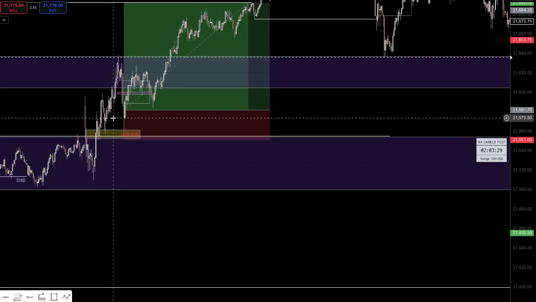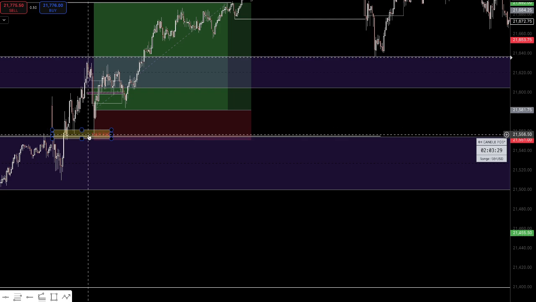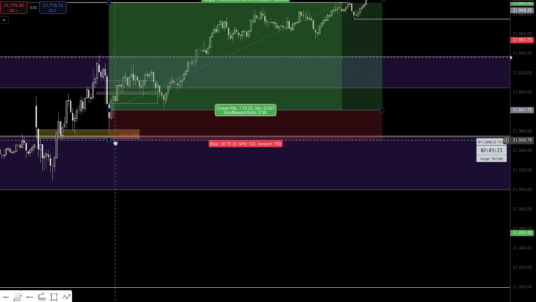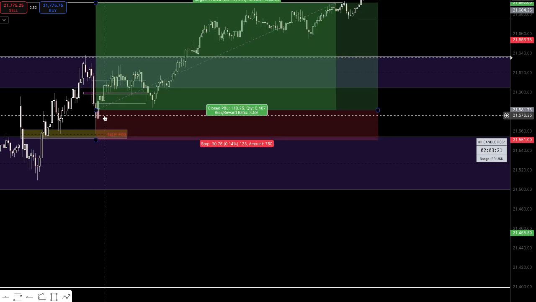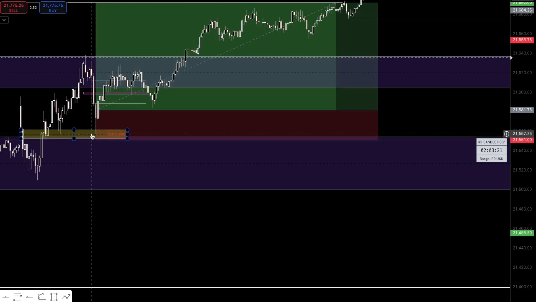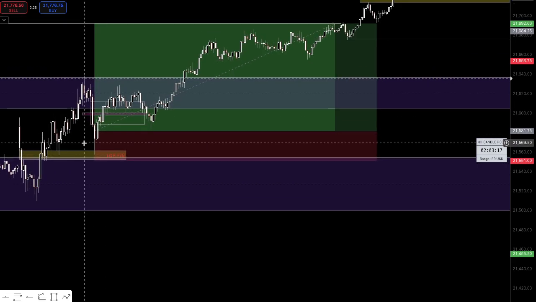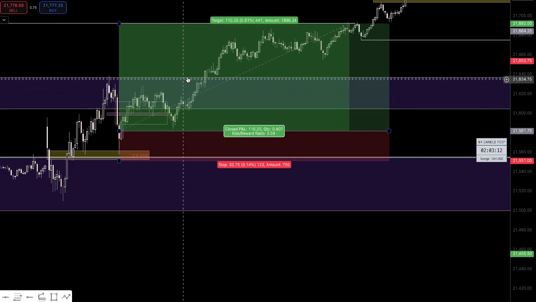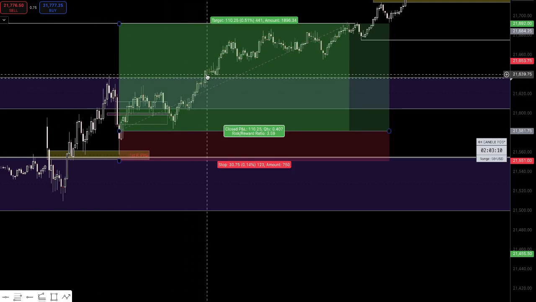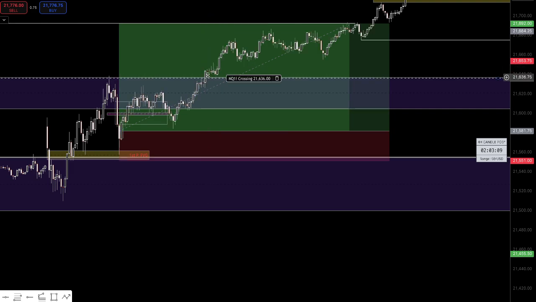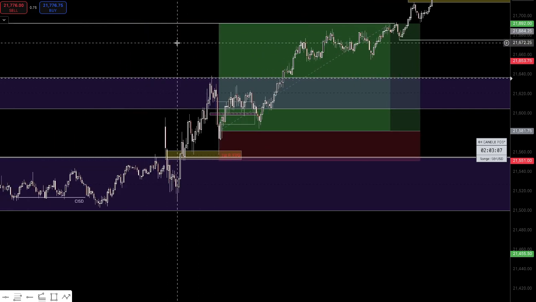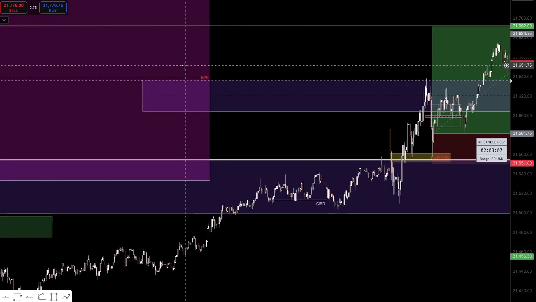It was really bullish going into here, and we have this hammer, not really a hammer, but the buyers bought the dip right here. So I entered this trade here, and I really liked that price closed on the other side of this 4-hour gap up here. And my target was here because that was the next area of liquidity.